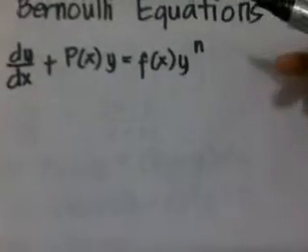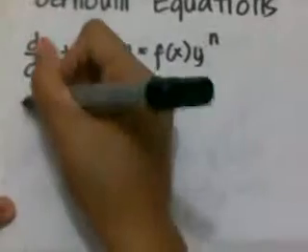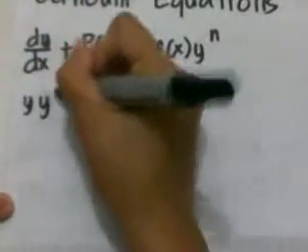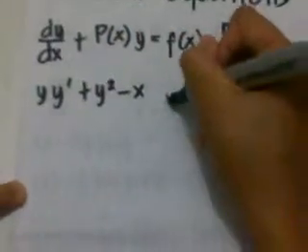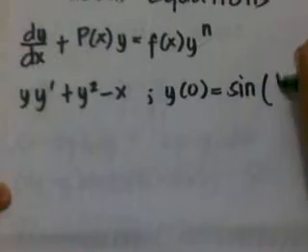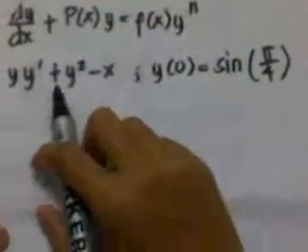So for example, we have a problem: y' + y^2 = x, wherein y(0) = sin(pi/4).